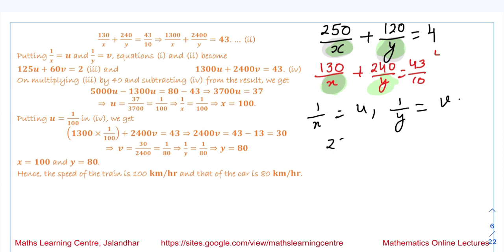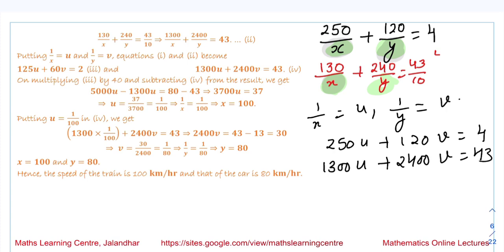So these equations become 250u plus 120v is equal to 4, and the second equation becomes 1300u plus 2400v is equal to 43. To solve these, we multiply the first equation with 20. Why? Because it is 120 over here and 2400 over here. So if we multiply this with 20, these two values will become the same.